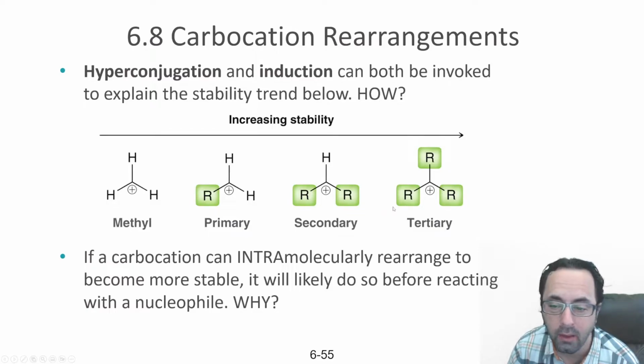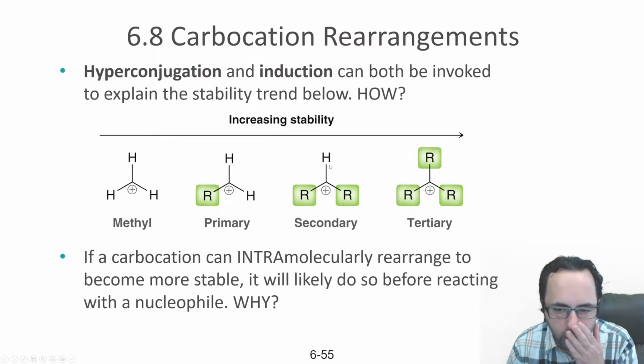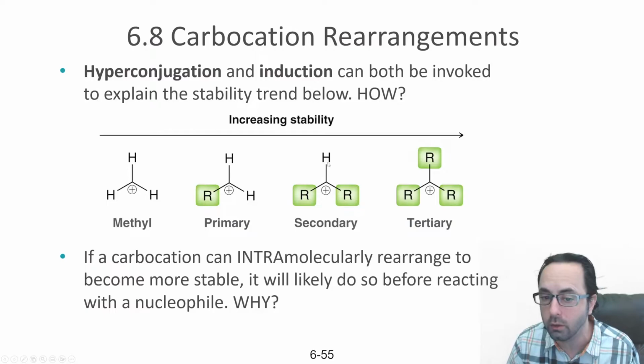And the reason for this is because for every other carbon that you have attached next to this carbocation carbon, you have some hyperconjugation. You also have the induction of the pull of the electrons. You can pull some electrons from the neighboring carbons, which is much less true for hydrogen. First of all, for hydrogen, there's no p orbital, so you can't have hyperconjugation like we saw in the last example.